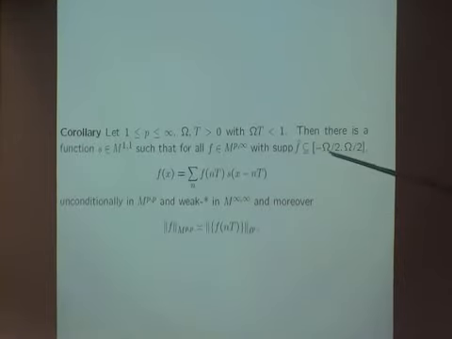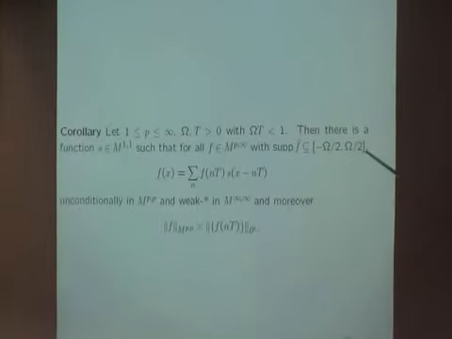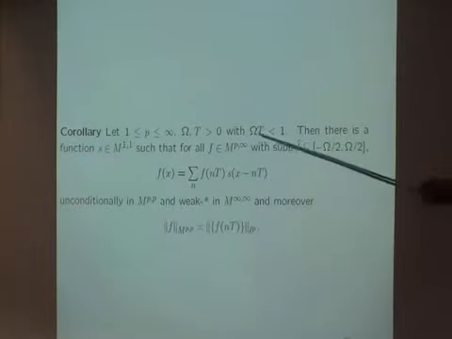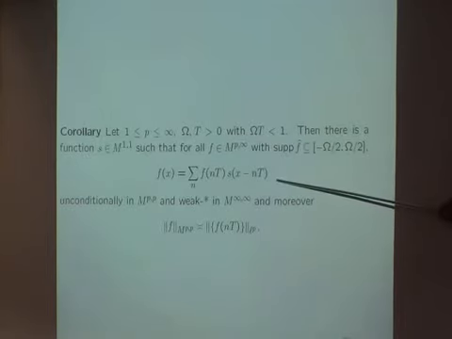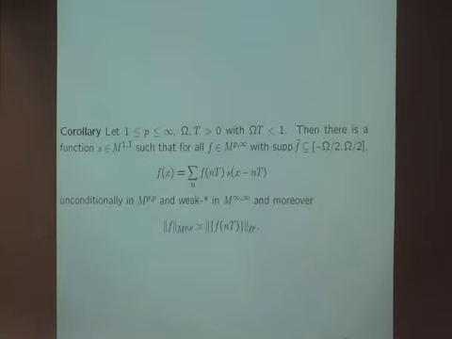I've changed the A's and B's around a little bit, but this is exactly what we have. So the function is band-limited to minus omega over 2 to omega over 2, and if omega times T is strictly less than 1, we have this sampling formula and this norm equivalence. So this is a direct application of that previous theorem.